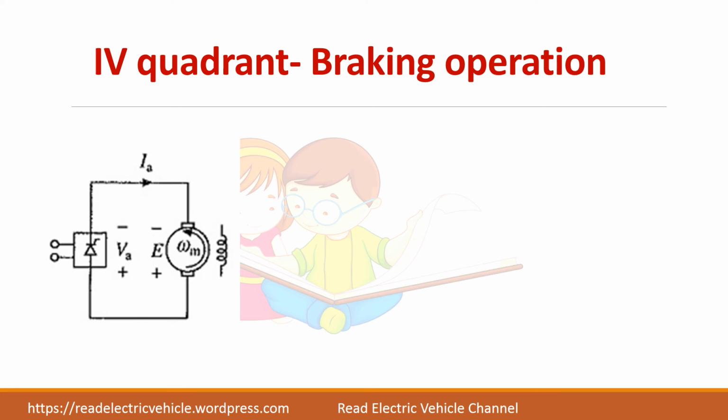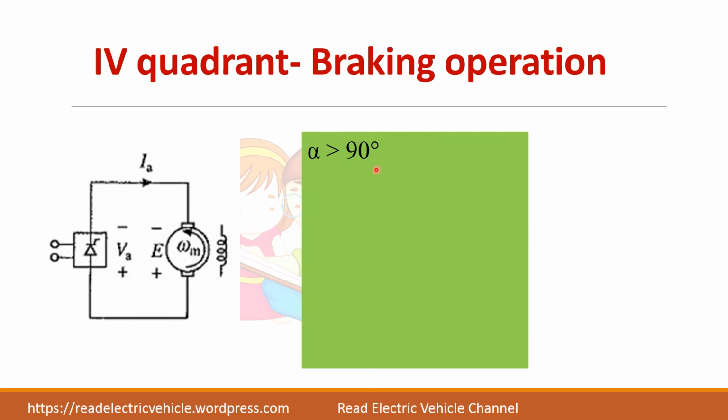Next, to get the braking operation, or to operate in the fourth quadrant, first we should make alpha greater than 90 degree. Then the average voltage will be negative and Ia will always be positive. So what happens to power? If you multiply these two, you will get negative power.